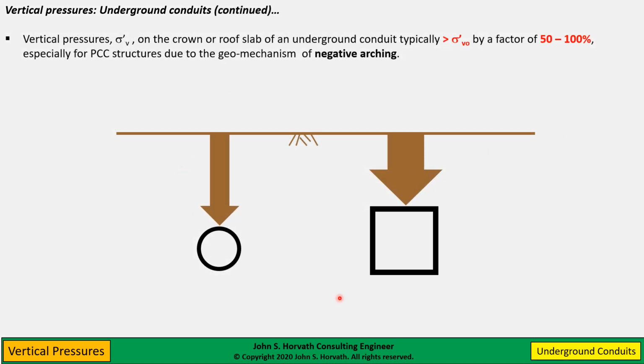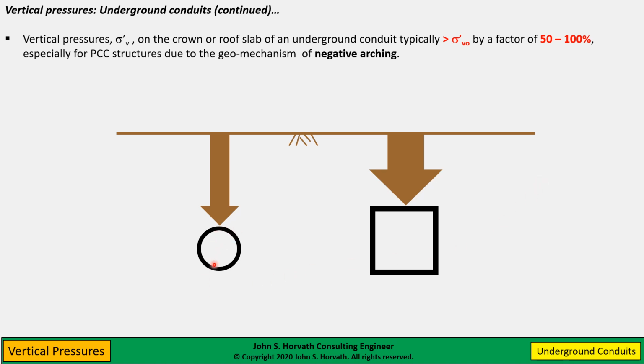The problem here is one of negative arching. This is a classic case of negative arching. I mean, this goes back to the seminal work of Spangler and Marston, Handy, going back to the beginning of the 20th century.